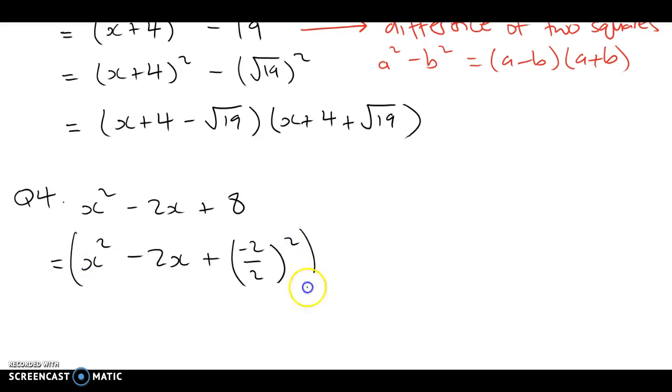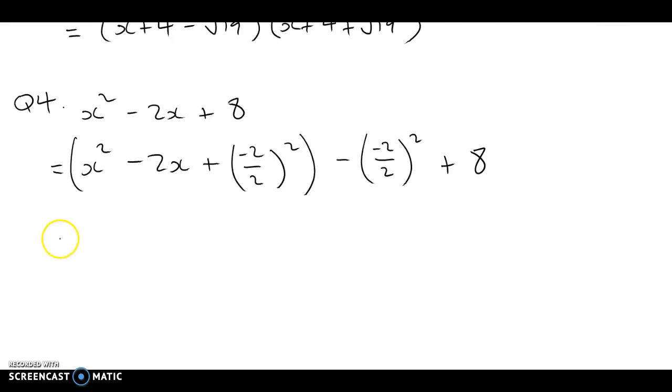I'll put all of that in brackets because that component there is the perfect square that we've created. But then we need to subtract minus 2 on 2 all squared to keep the expression balanced. And then we've got that 8 on the end. Let's keep going with this.